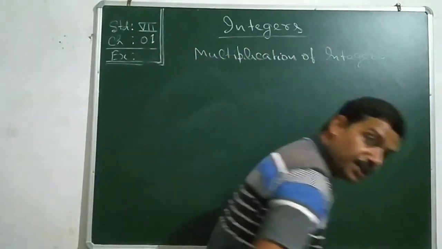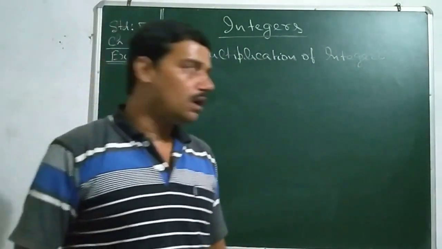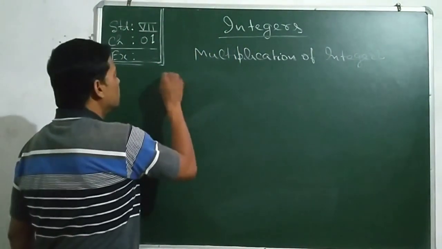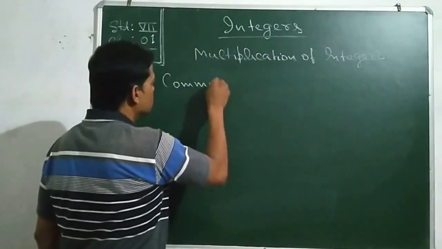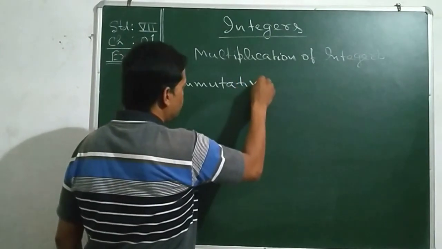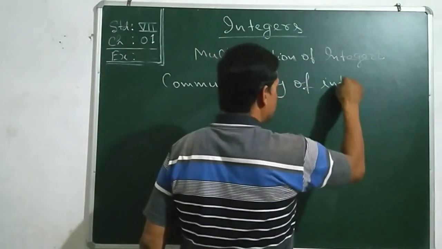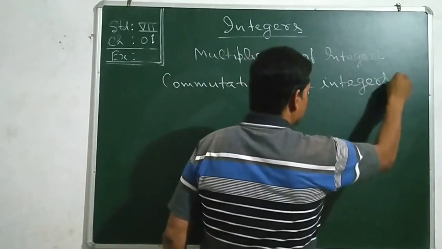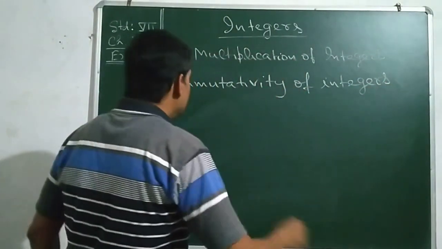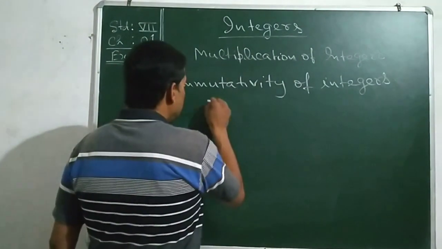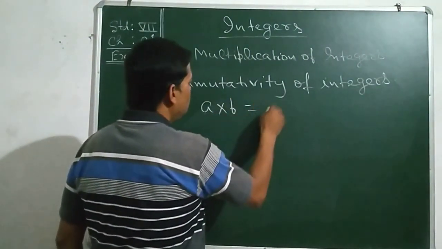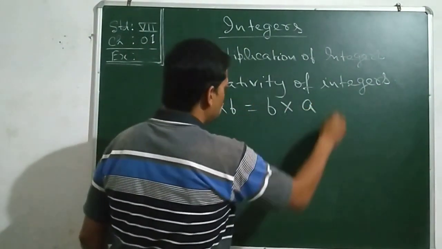As in the case of addition you had learned the commutative law, very similarly here also. That is to say, A into B will always be equal to B into A.